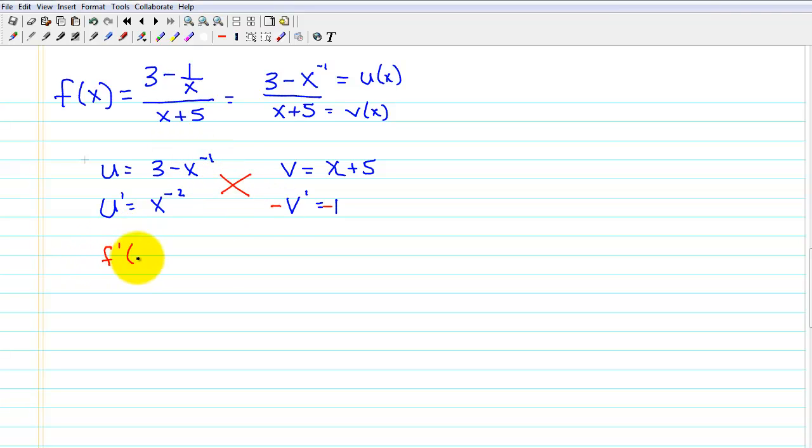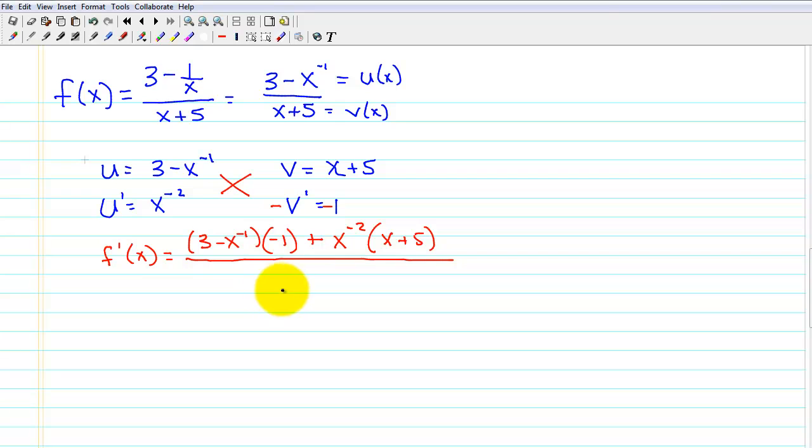And now that we're taking the derivative, our function is called f prime of x. So we have here 3 minus x to the minus 1 times minus 1, and then plus, now we do this derivative, that direction on the cross multiply, x to the minus 2 times x plus 5. And you still have to remember to put it over the denominator squared.